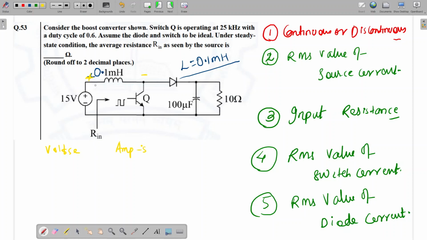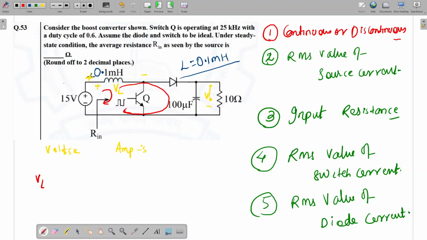Here this is VL with plus and minus, and this is V naught. I am going to write the inductor voltage in the on and off durations. On means this switch will be on and conducting like this, and when this switch is off, it will conduct in this path.